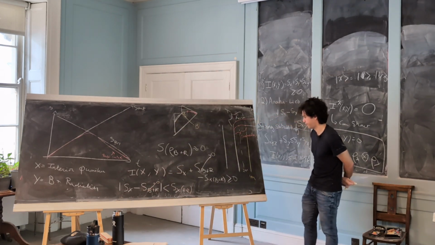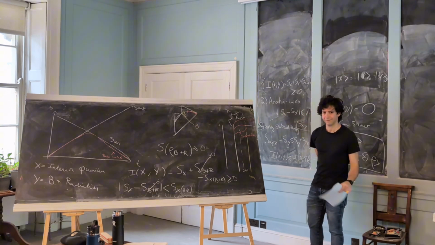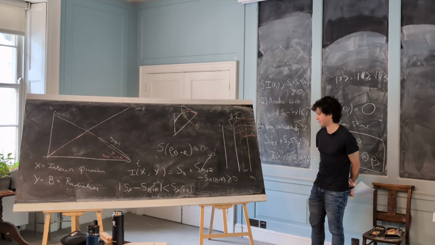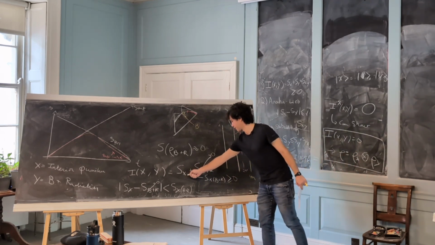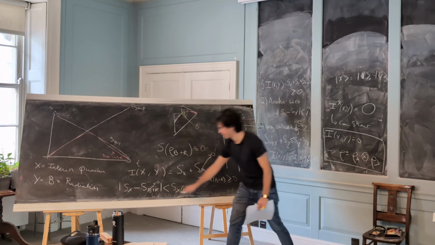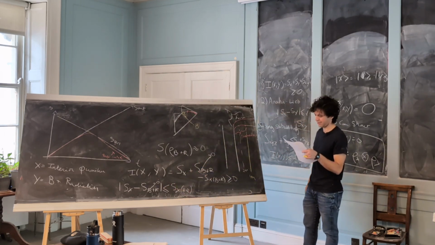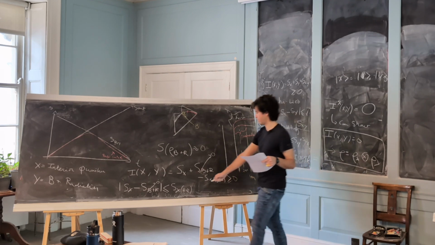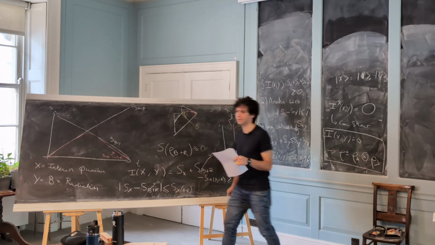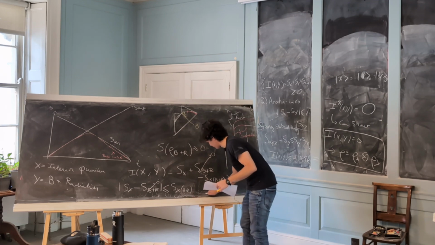So what have I shown? Here I've shown that it's bigger, and here I've shown that it's smaller. So it has to be that this is less than or equal. Equal. So we've shown that.